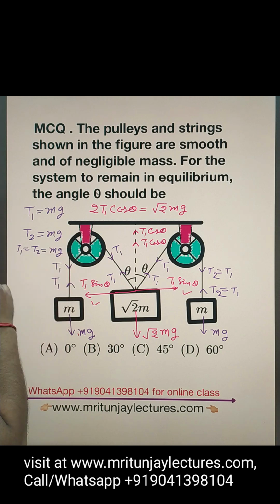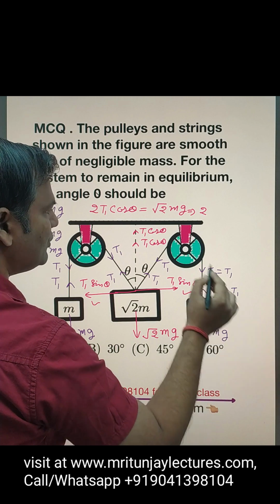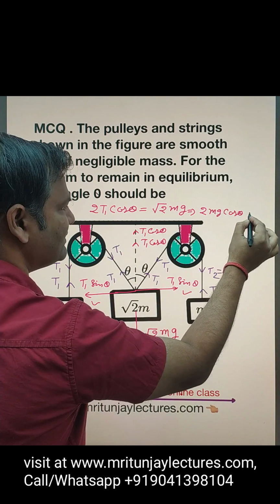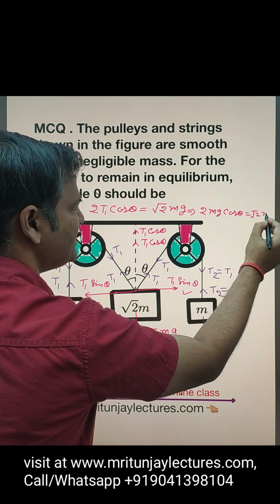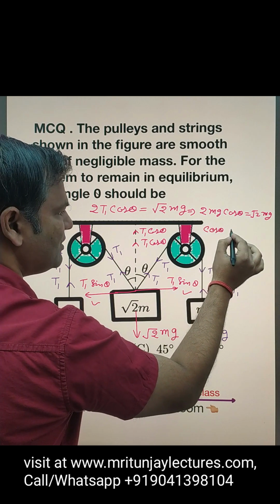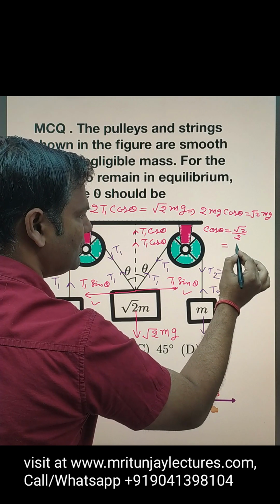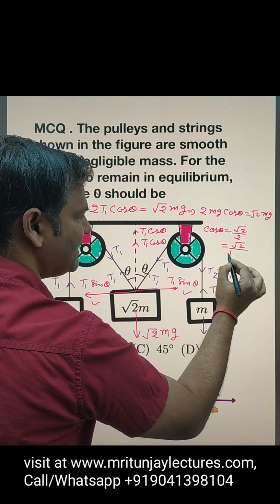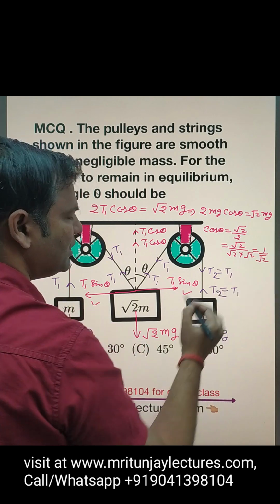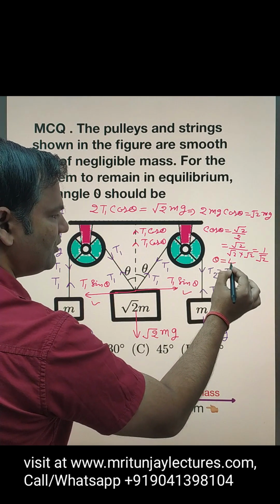And T1 is also mg, so 2 mg into cos theta is equal to root 2 mg. mg cancels, so cos theta is root 2 divided by 2, and root 2 divided by 2 is also written as root 2 into root 2 over 2, so 1 by root 2. So cos theta is 1 by root 2, it means theta is equal to how much? 45 degrees.